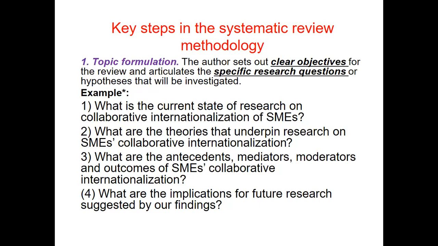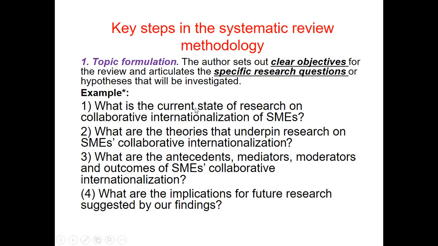So these are key steps in the systematic review methodology. As a way of making a recap, you have the topic formulation, which must be very clear, of course, and which can be quantified through objectives and research questions. These are examples of research questions. For example, what is the current state of research on collaborative internationalization of SMEs?